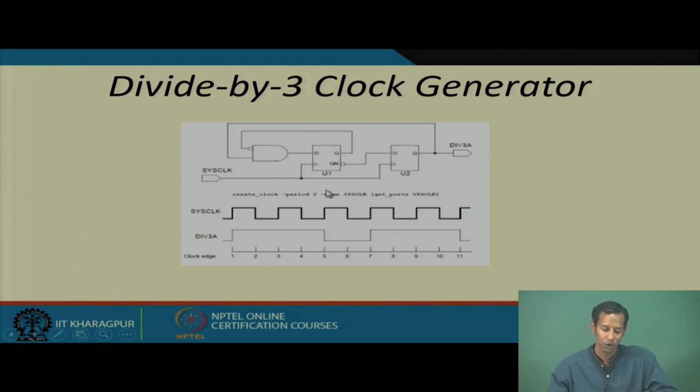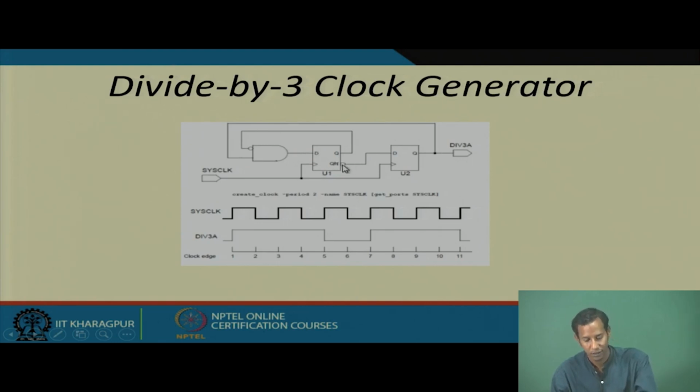The primary thing is that initially both are 0, so it starts with 1, and then since this is 1, again it is 1. So, it starts from 1. After that, at every clock edge it checks the value, and up to the third clock edge it finds that the corresponding D input is 1.